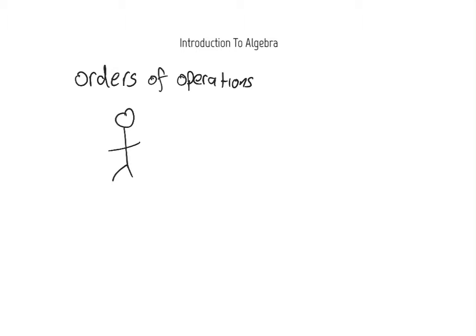Okay, so let's pretend that the order of operations is the school principal. So let's draw this is the school principal, and then we've got some little kids.